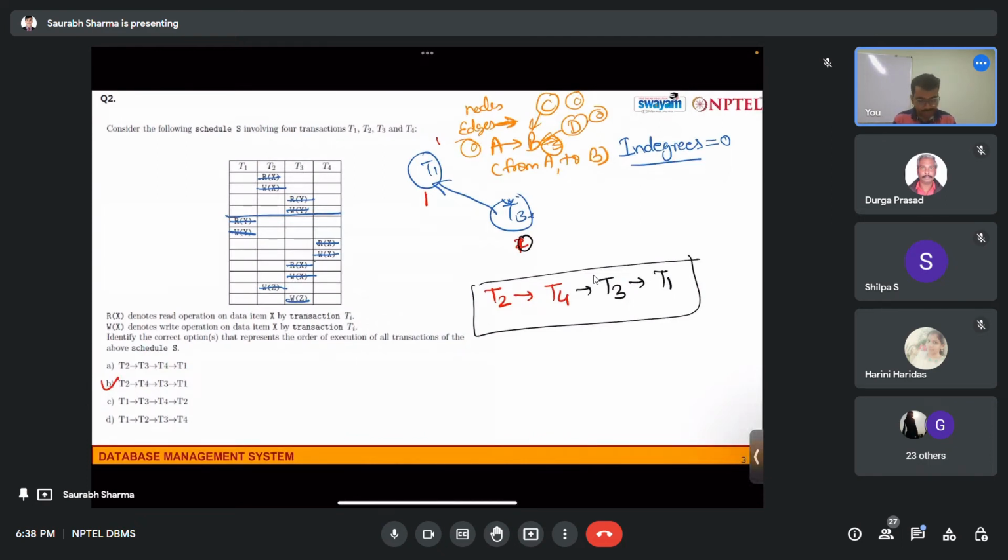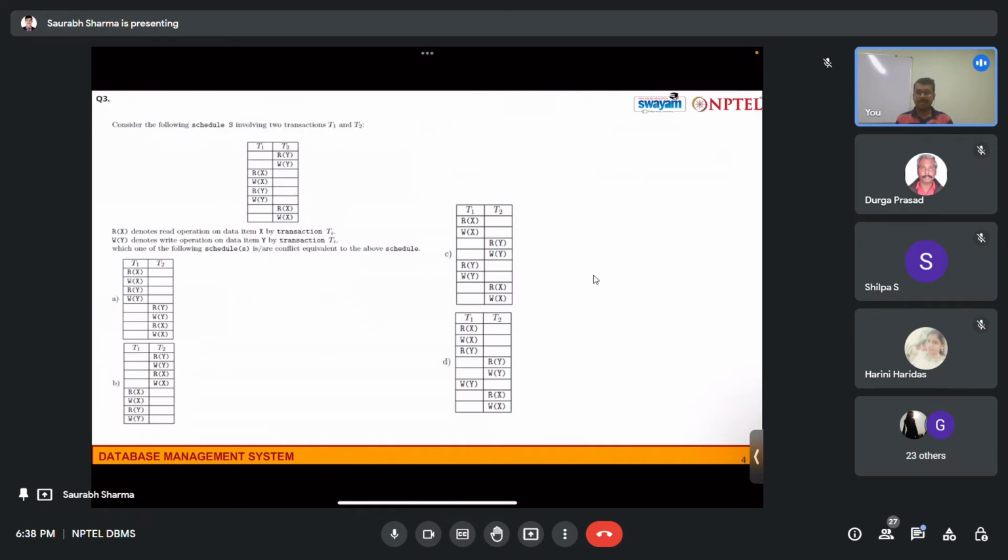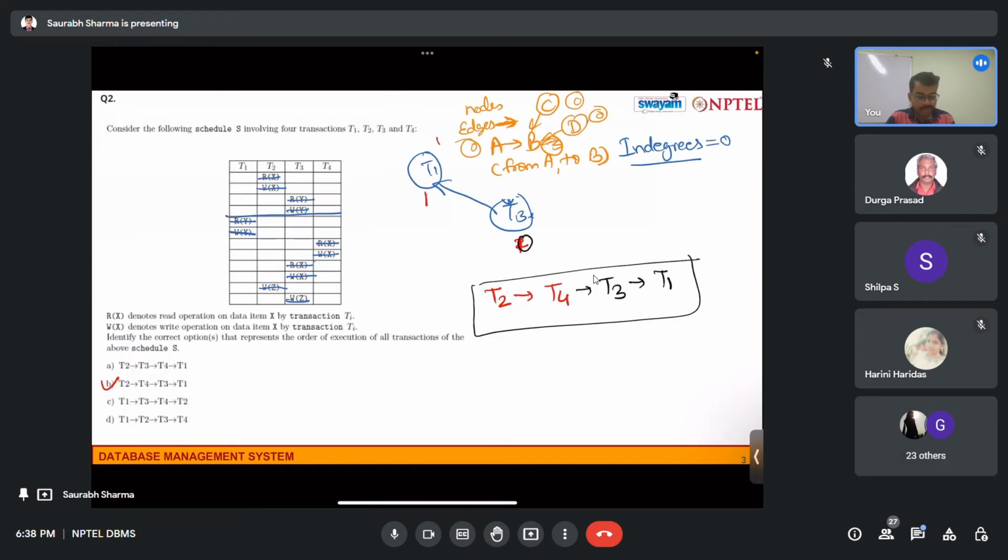Sorry. Coming to the next one, we have to create the conflict equivalent of the above schedule. This is the schedule. How do we decide the first state? We decide it based upon the in degree having 0 value.